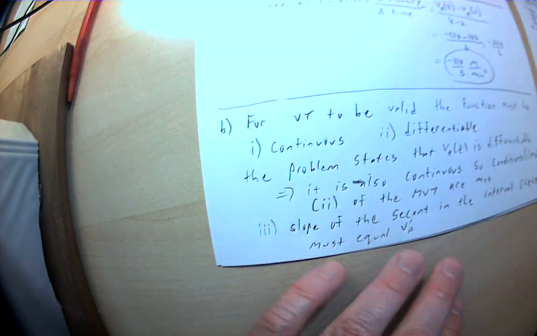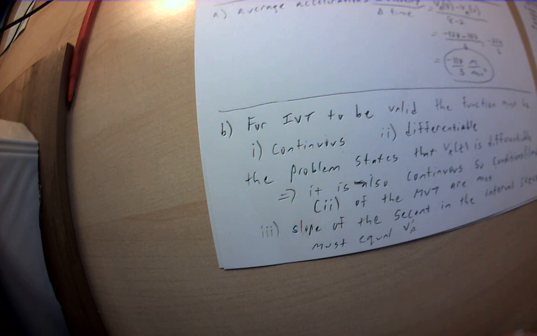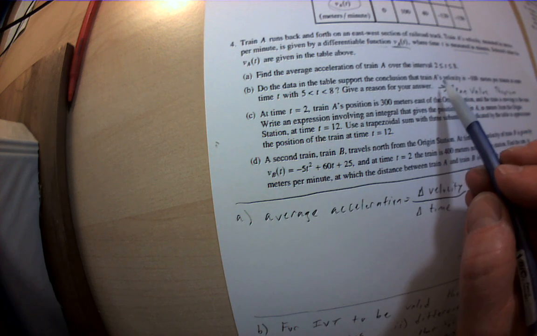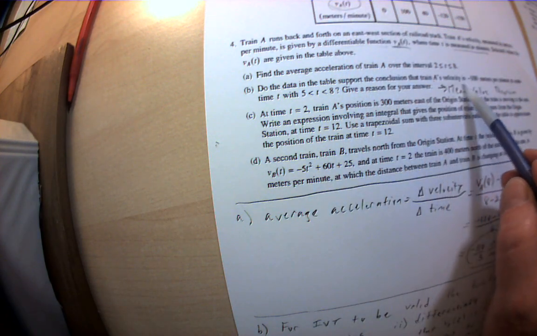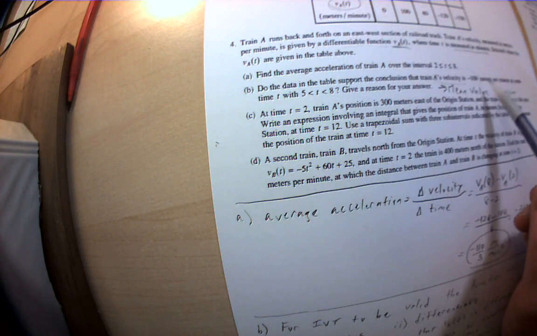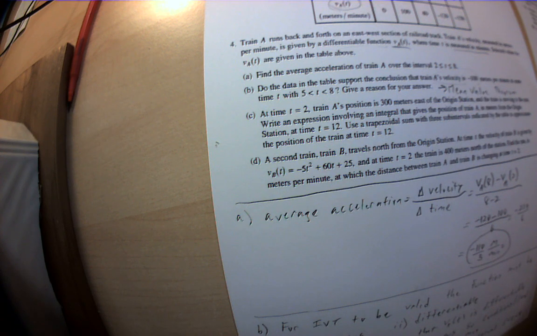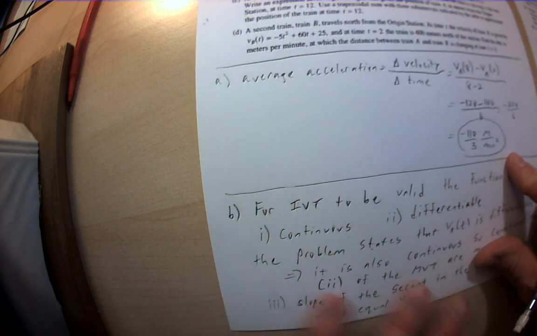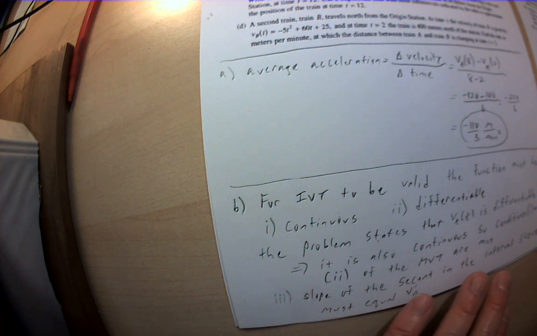Okay, so guys, it's actually the intermediate value theorem. Okay, because they're talking about velocity, which is what the table is of. So is the velocity negative 100 meters per minute? So intermediate value theorem means that you're taking a value in between the two endpoints, somewhere in the interval. So it's got the same conditions. You got to be continuous and differentiable, but the third condition is a little bit different.